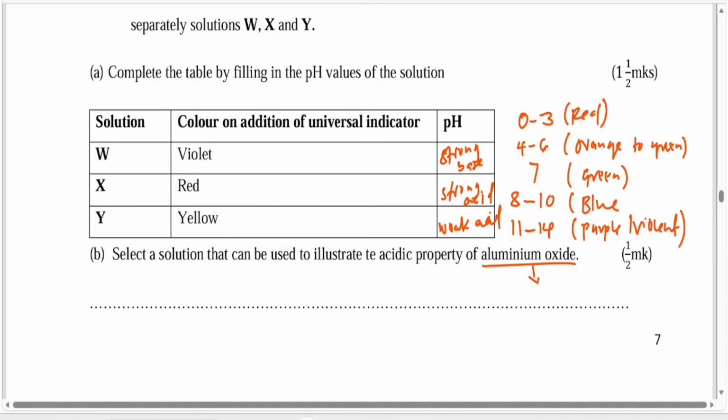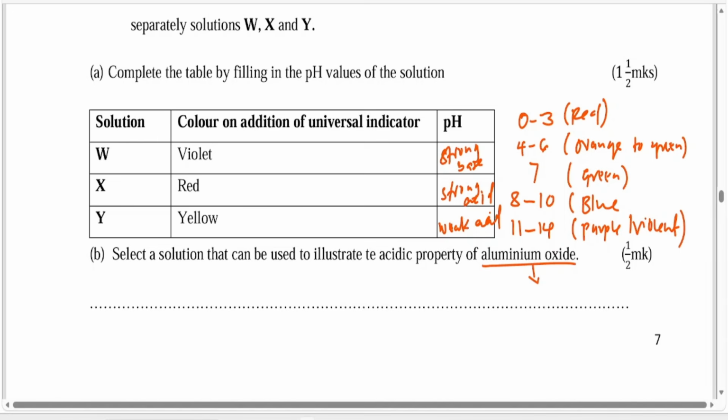If we consider it, it could have been a strong base, because aluminium is a more reactive metal.